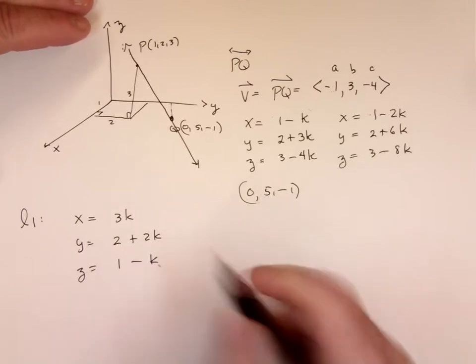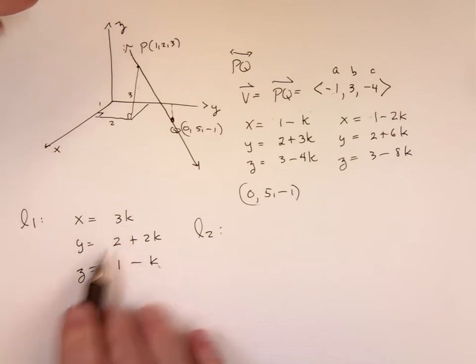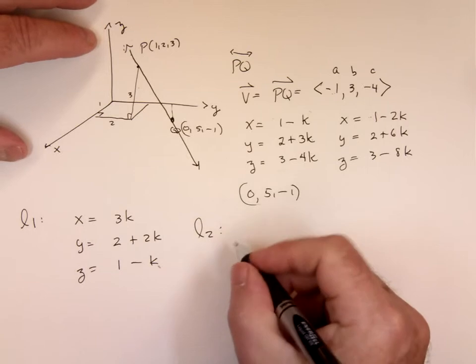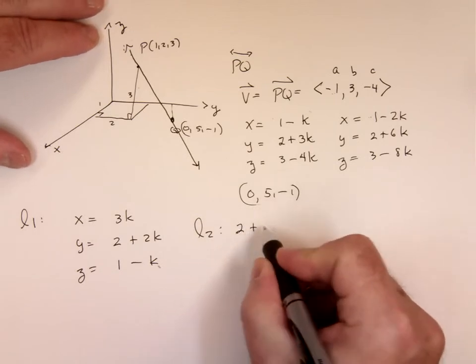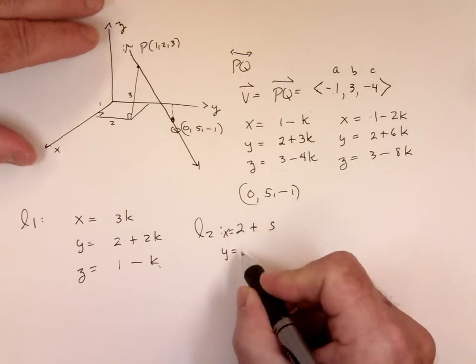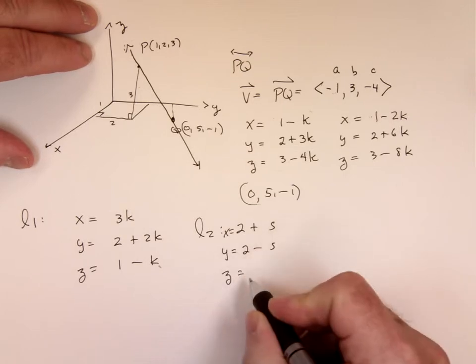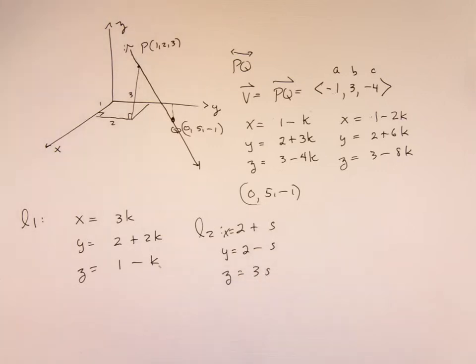And let's say L2. Now, if I use L2, I'm going to have to change my parameter here to something else. Let's use S. X is equal to 2 plus s, y is equal to 2 minus s, and z is equal to 3s. I'm just making these up.